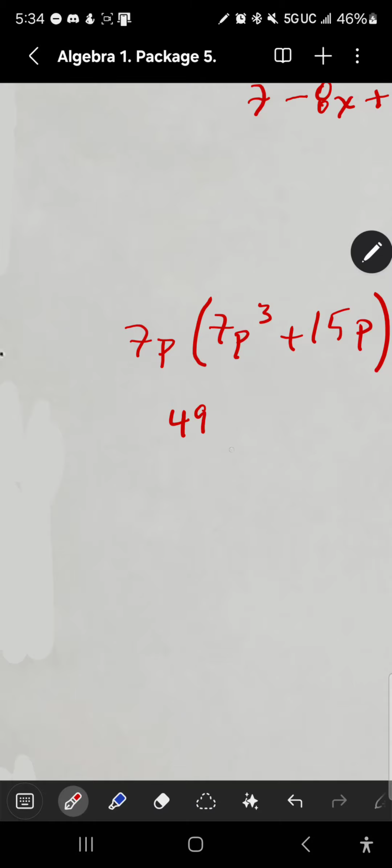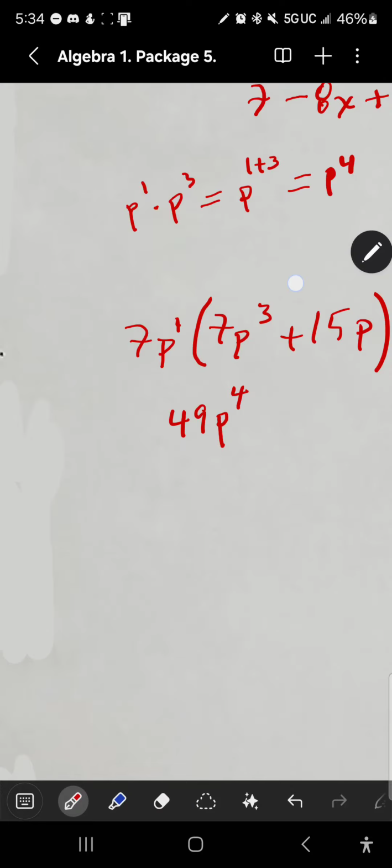And now p times p to the 3 is going to be p to the 4. Why? Because this is p to the 1, and when we are multiplying two variables, we are just adding their exponents. So p to the 1 times p to the 3 is going to be p to the 1 plus 3, which is equal to p to the 4.